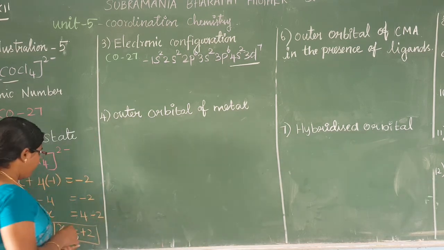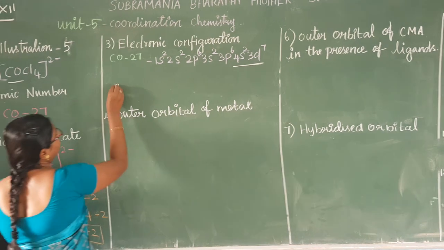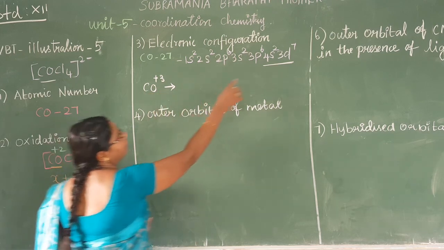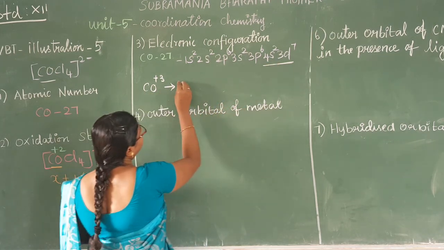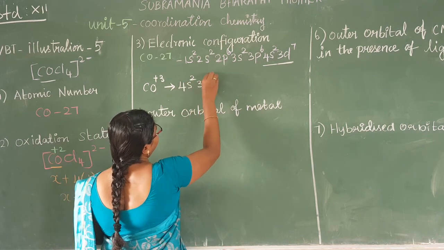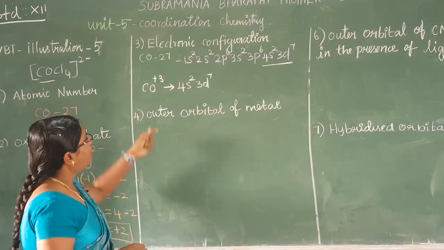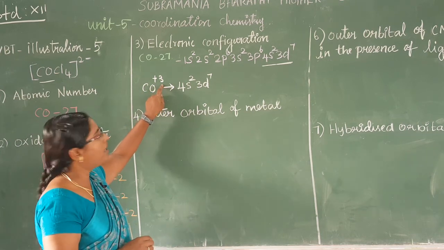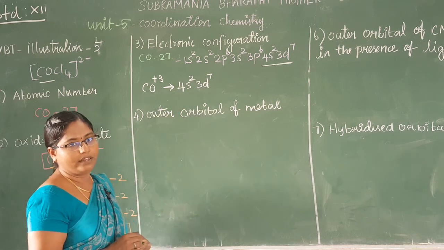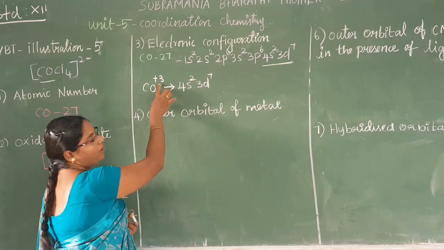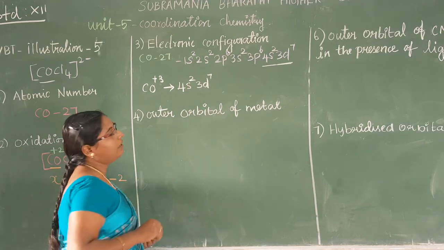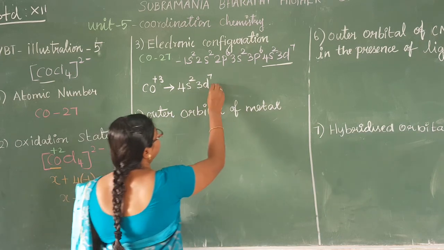We have found out the oxidation state. Cobalt is in plus 3 oxidation state. For that I am writing the outermost electronic configuration 4s2 3d7. If it is plus 3 it means I have to remove 3 electrons from the outermost electronic configuration.